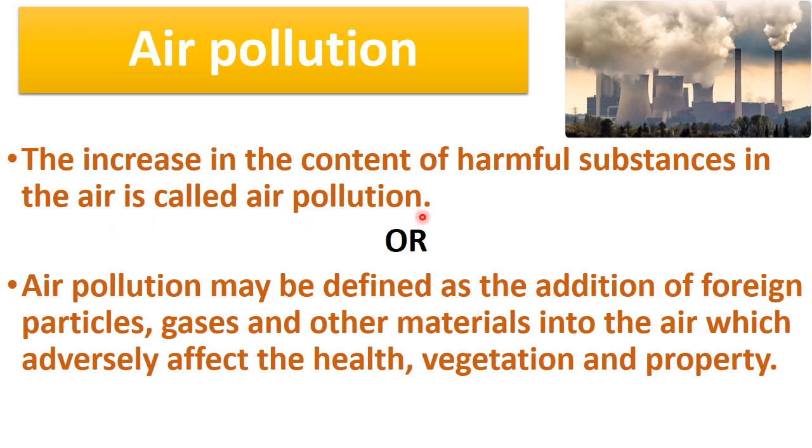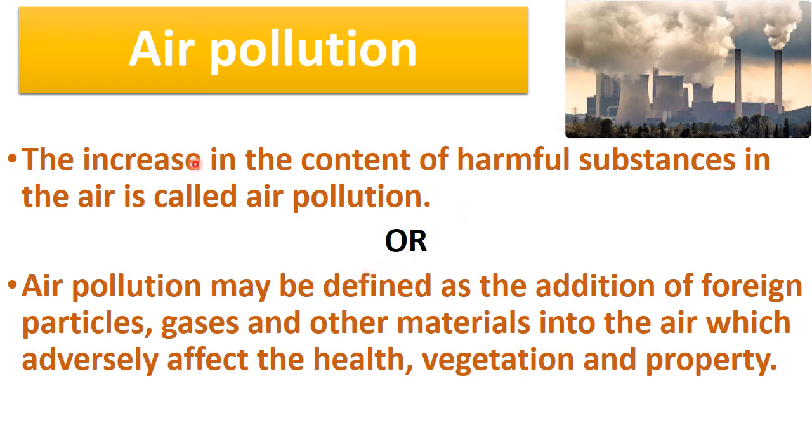It means that when the content of harmful substances present in the air keeps on increasing, it leads to a pollution which is called air pollution, because it is taking place in the air, right? So that's why it is called air pollution. You can see from the diagram how the air is getting polluted. The smoke from the chimneys is being released and the air is getting polluted.